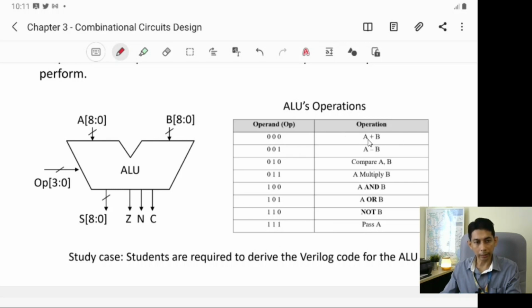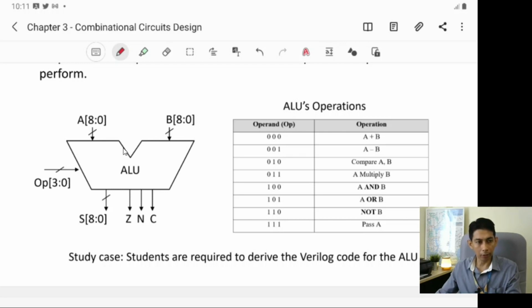The first operation is a plus operation, where the inputs are A and B. When we have A and B, we have one control signal, we call it operand, in this case OP, and the size is 3-bit. Why 3-bit? Because you have 8 operations. If you have 4 operations, 2-bit is enough to represent all the operations. So in this case we have 8 operations, so that's why we have a 3-bit control signal. In this case, the control signal is called operand, or in short OP.